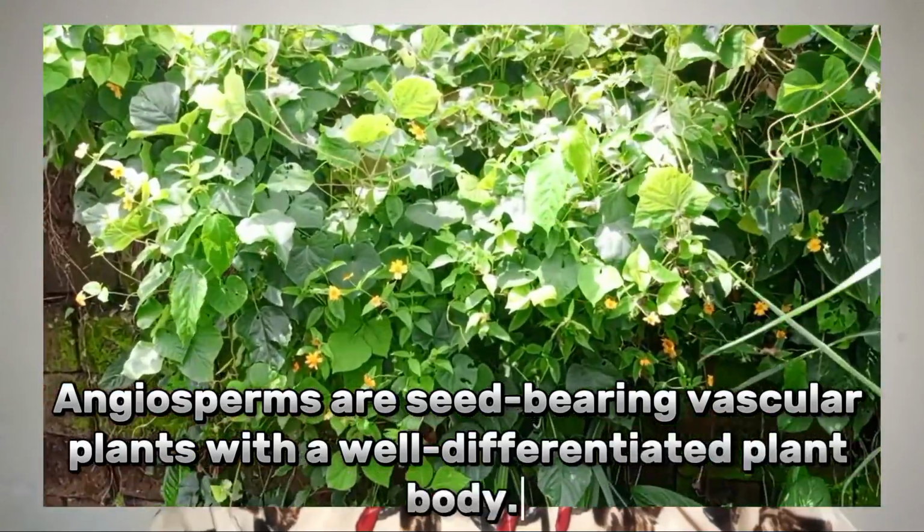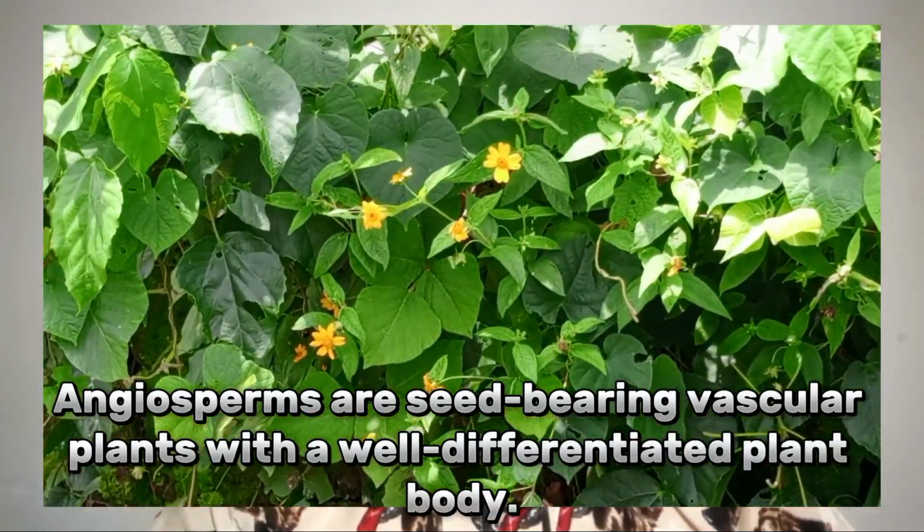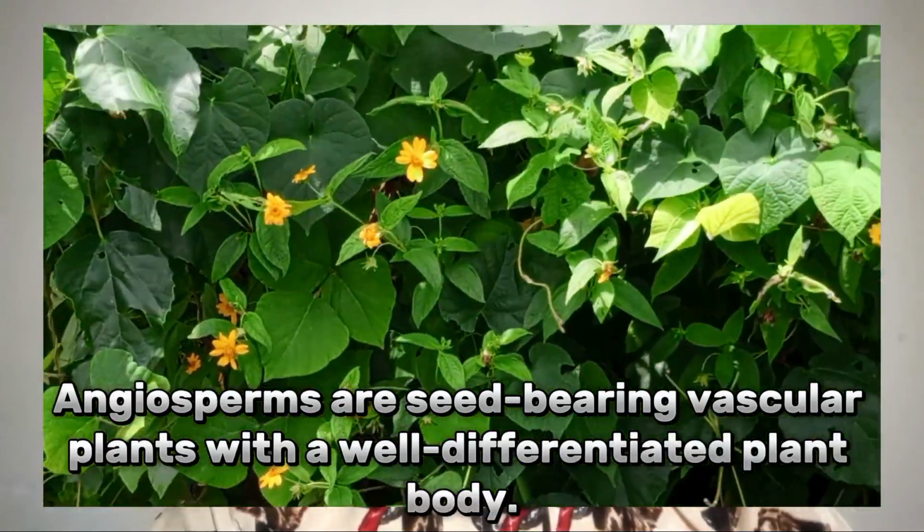The next division of phylum we want to look at is the phylum Angiospermae. Basically, the angiosperms are seed-bearing vascular plants. They are seed-bearing vascular plants with well-differentiated plant body.